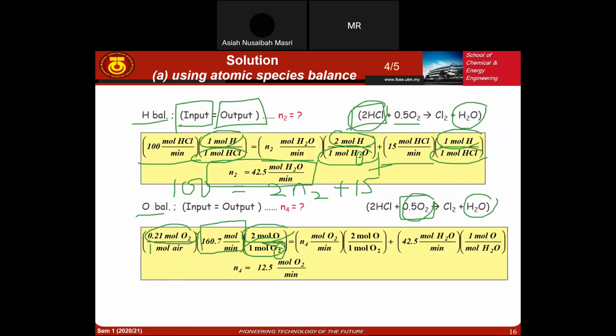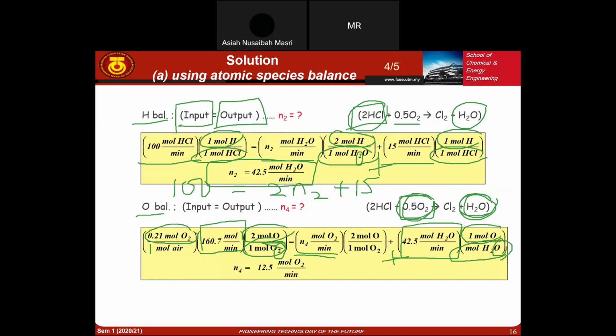Let's see from the water, how much O is in the water. We solved it previously already: water is 42.5, the N2. So water times how much oxygen in water. For every 1 mole of water, there is only 1 oxygen. Add up with the excess oxygen. That will be represented by N4 that we want to solve.